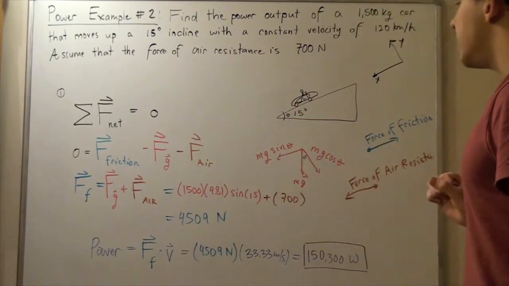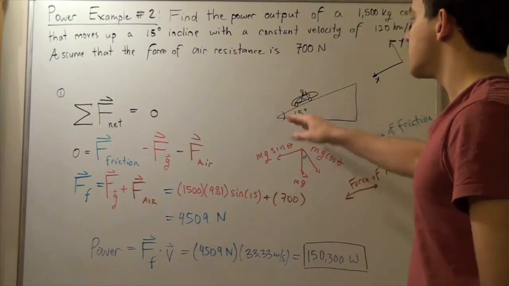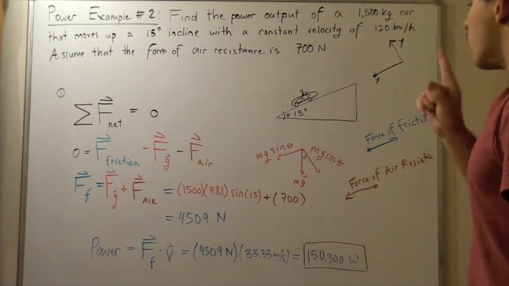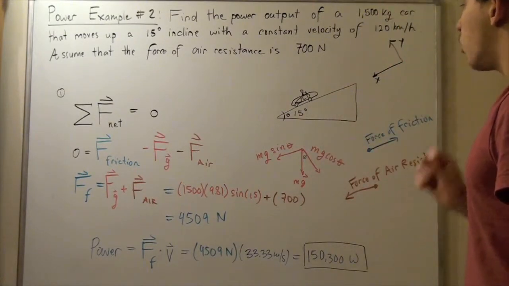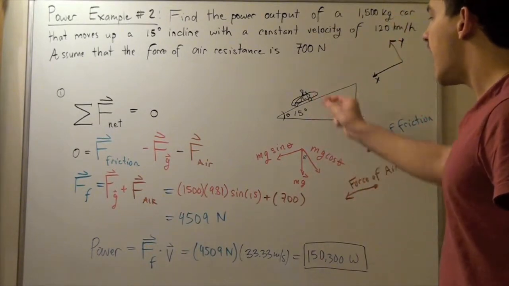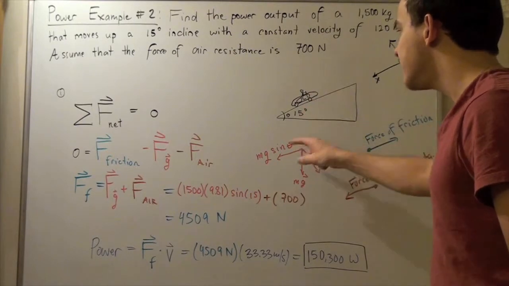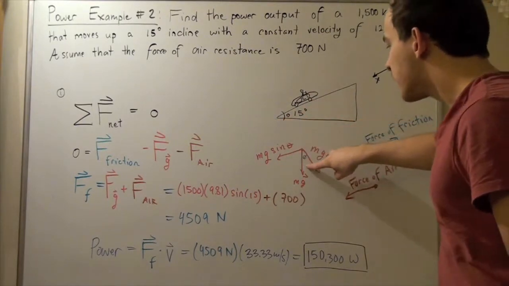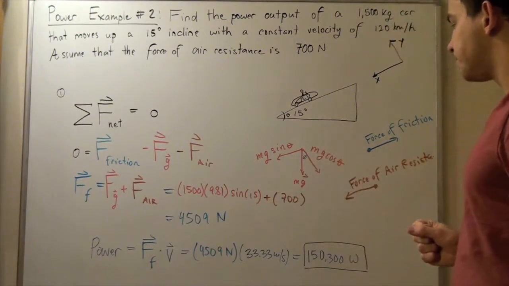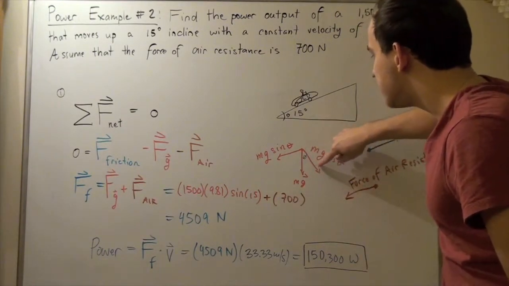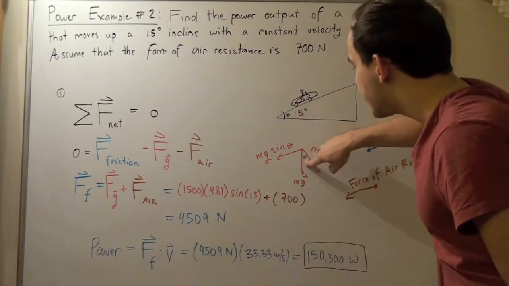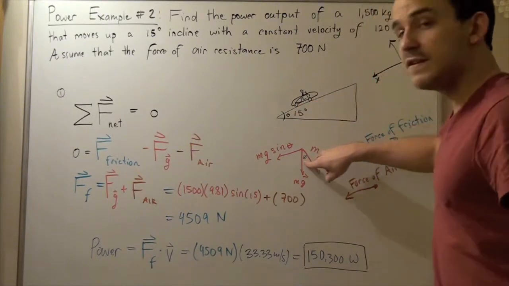So let's begin by first finding all the forces that act on our object along the x-axis. The first thing that's important to note is that the force of gravity is acting on our object, and it points directly perpendicular to our ground. So this is our force of gravity pointing downward. Now this is simply our normal force pointing in the opposite direction, and this angle is angle theta, or 15 degrees.